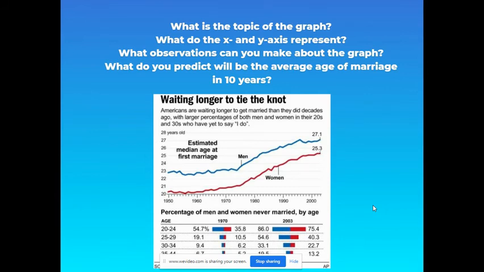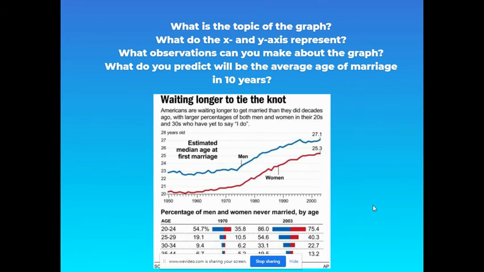What is one observation you can make about this graph? And make a prediction. What do you predict will be the average age of marriage in 10 years' time?